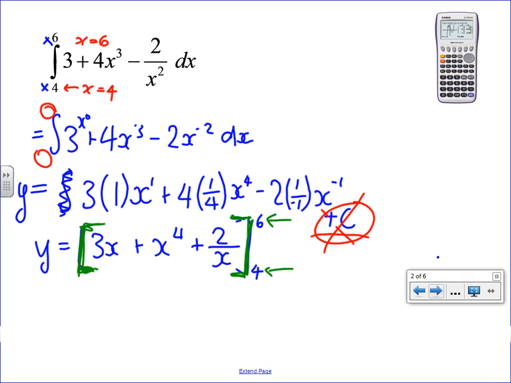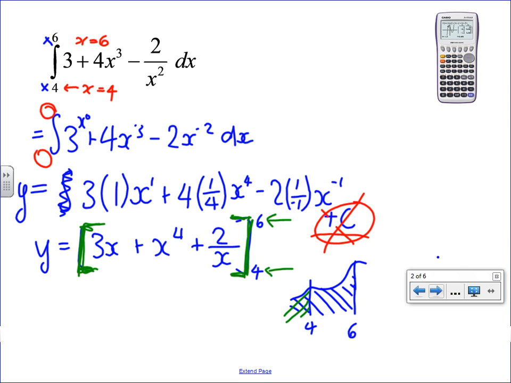So what we're doing is we're imagining our curve, whatever it is, between 4 and 6. If 6 represents anything that's below that, and 4 represents anything below that, we're going to need to take the value 6 away from the value at 4.